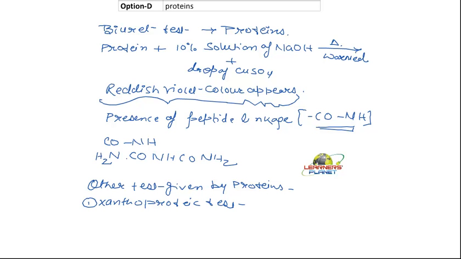what is done in this? It is your protein is treated with concentrated nitric acid, right? Now due to which they give a yellow color. On treating proteins with concentrated nitric acid, yellow color is obtained. So this is protein with concentrated nitric acid.